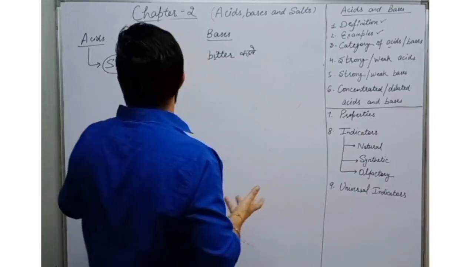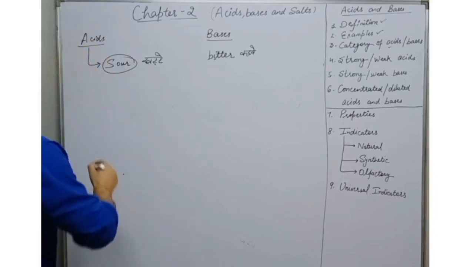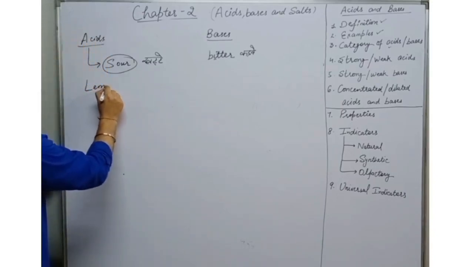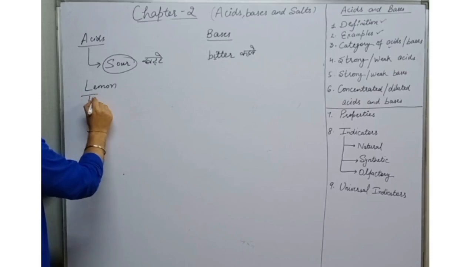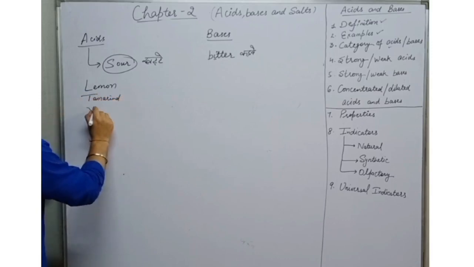So the general common examples of acids are lemon, tamarind, vinegar.